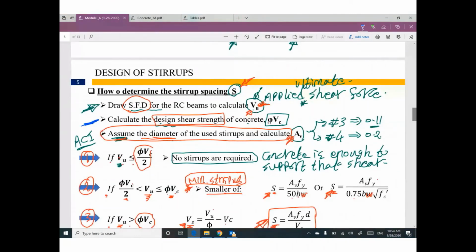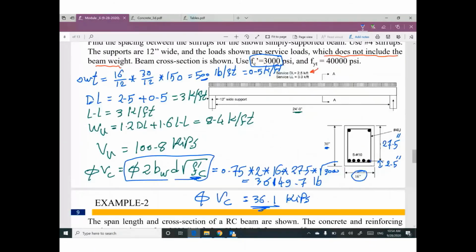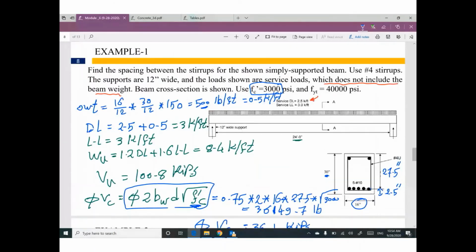Go ahead and assume the diameter of the stirrups. So what do you think, guys? Go back to the problem. Probably it is given. Yeah, the problem gives you a hint: use number 4 stirrups. So please go ahead and respect what's going on in the problem. So stirrups will be number 4.